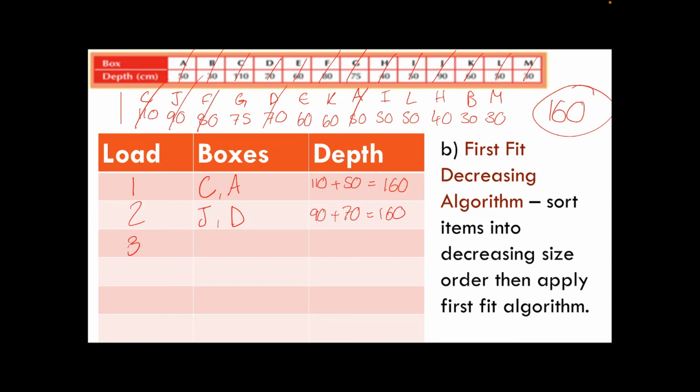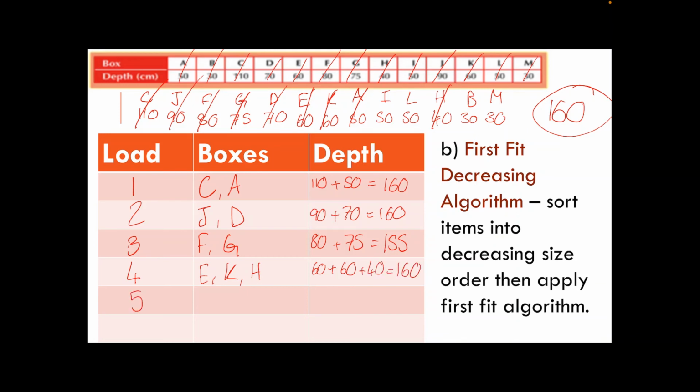Load number 3 is 80, so I've got 80 left over, so we could then fit in G, which was 75, and that's 155. Load number 4 then, I can have E and K, because 60 and 60 is 120. That means that we've got 40 left over, so I can have H as well, and that gives me 160.